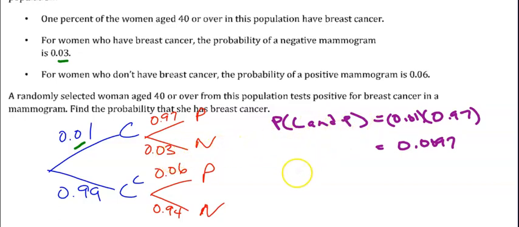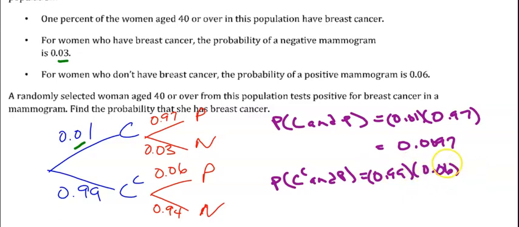Okay, so the probability of not having cancer and a positive mammogram is 0.99 times 0.06, which is 0.0594. Okay.